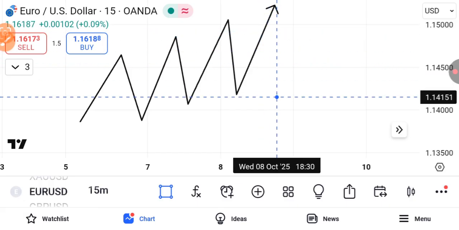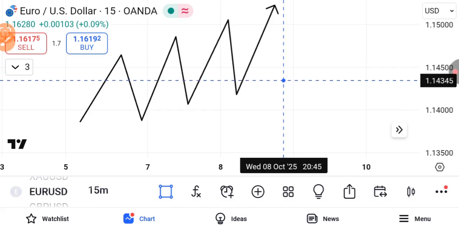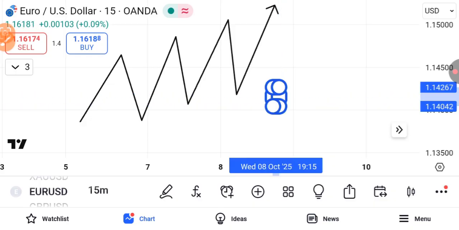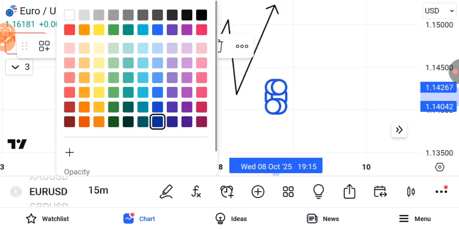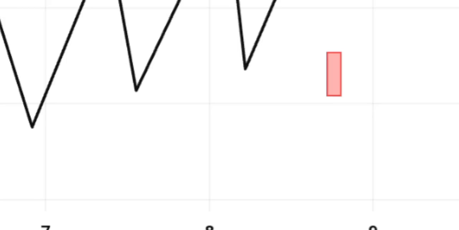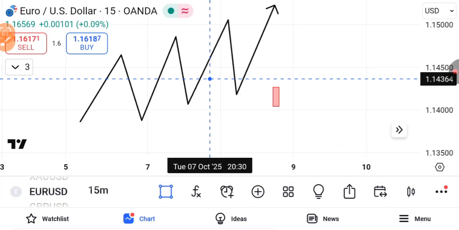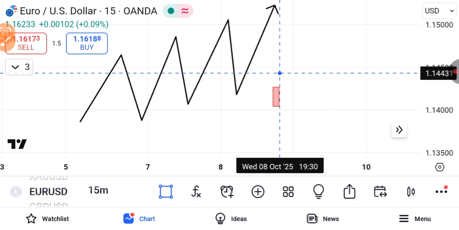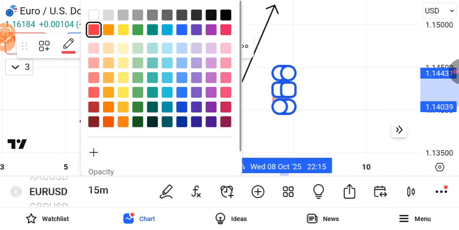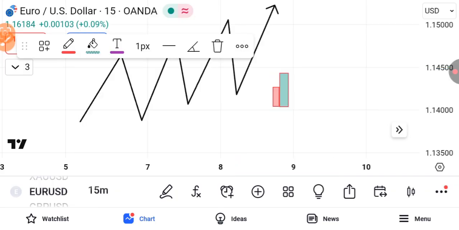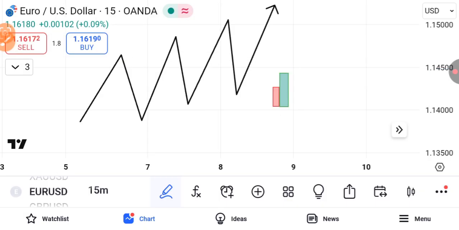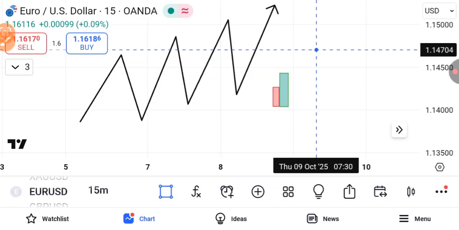I know it will be very confusing, but let's say for example, right at this place there is a candlestick like this. Let's turn it to a red color, right? And there is another candlestick like this, and another candlestick formation.